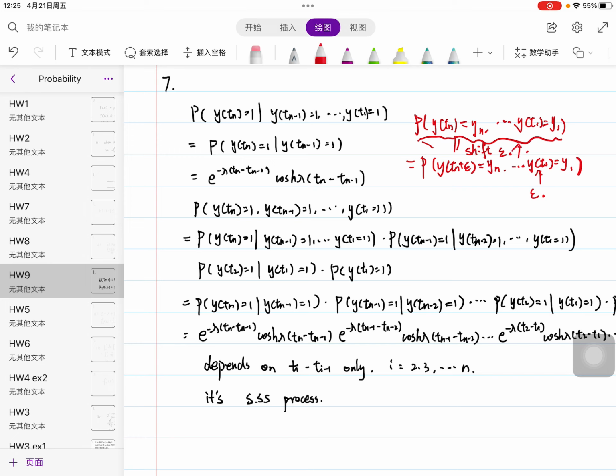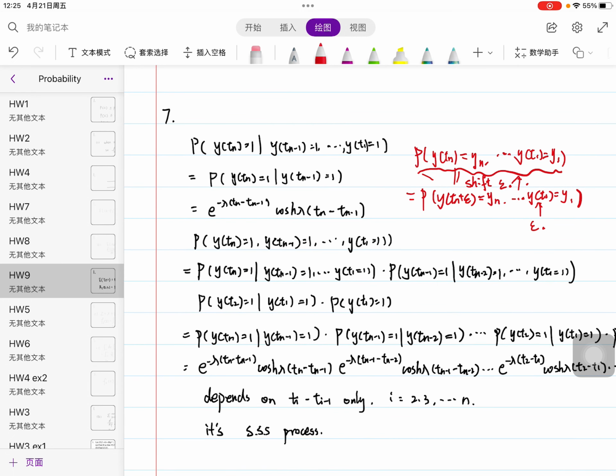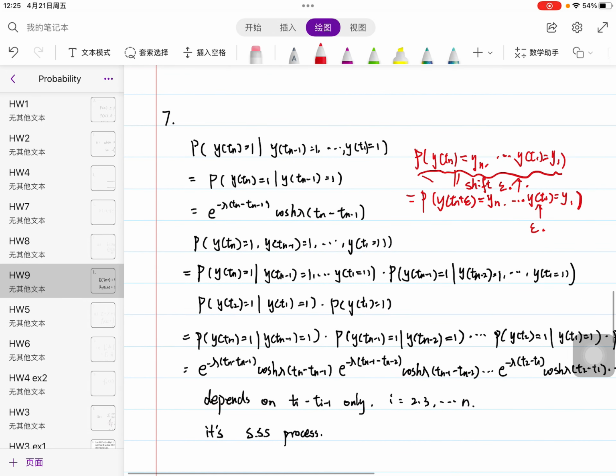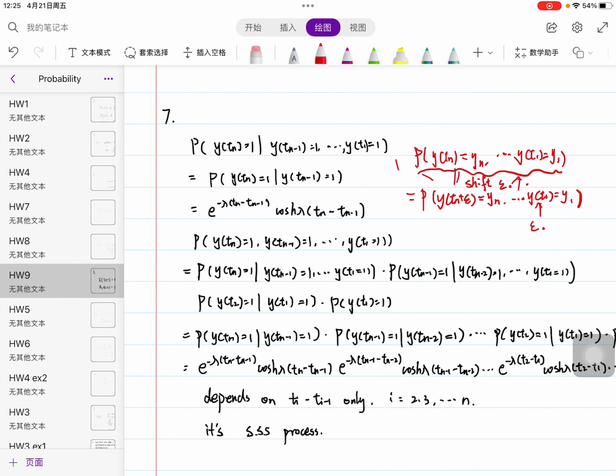So we are going to prove this, and we know that the process is a random telegraph signal. So firstly, we could write this conditional probability, and previously we proved that this conditional probability is equal to this, right?